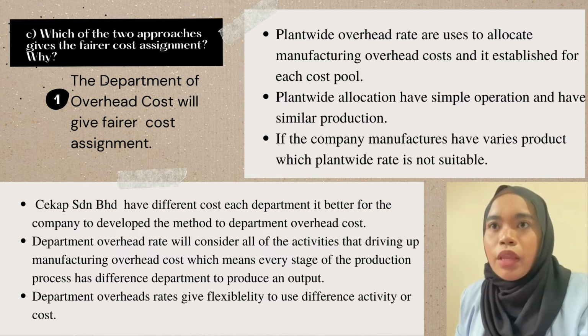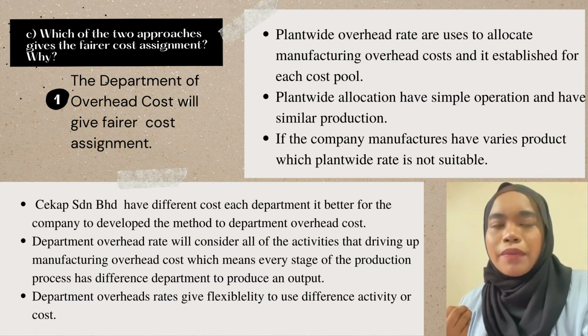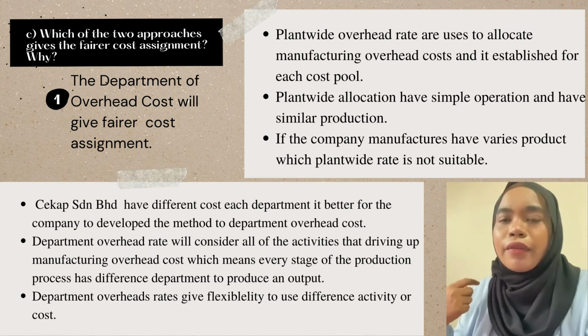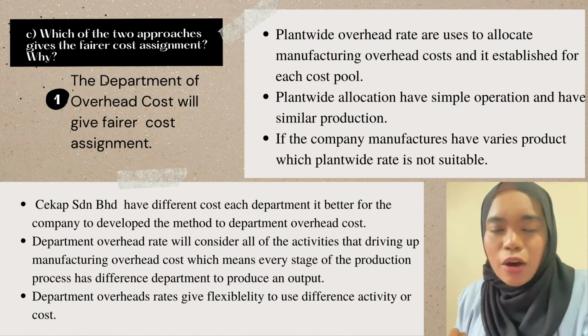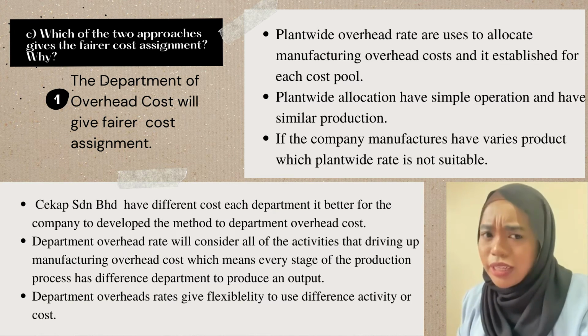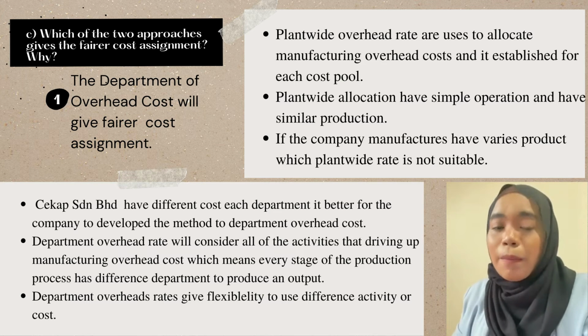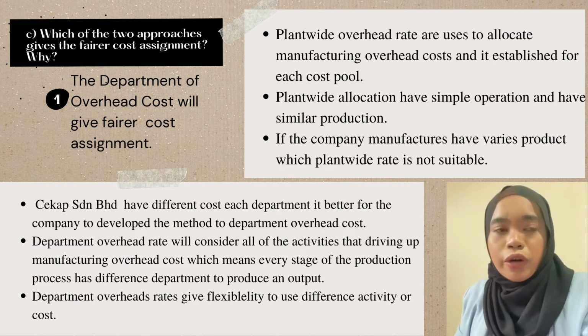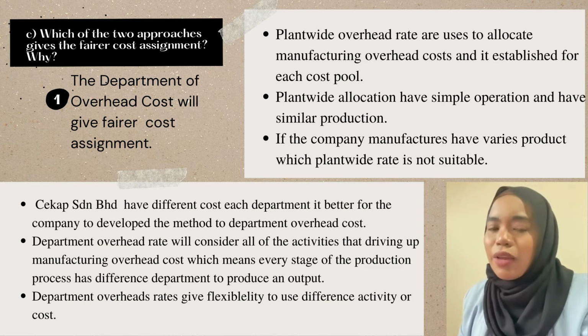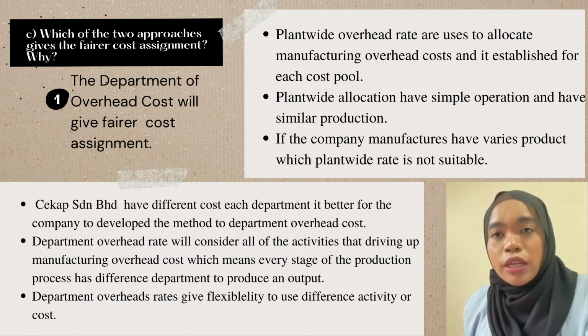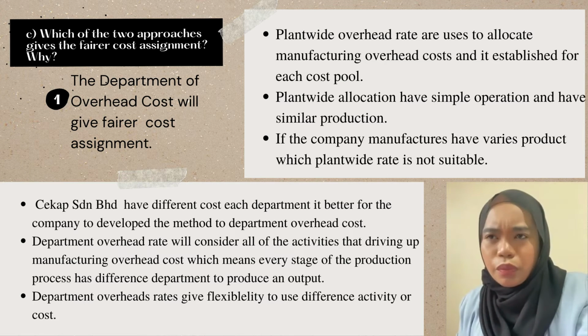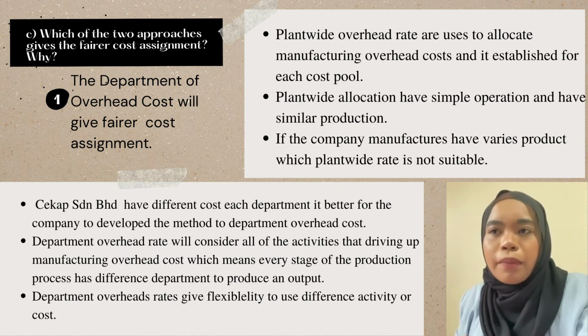Normally, companies that use this approach have a simple operation and similar production. For a company manufacturing various products, where some of the equipment is expensive, this approach is not suitable, which means that the company needs to change to the department overhead rates.